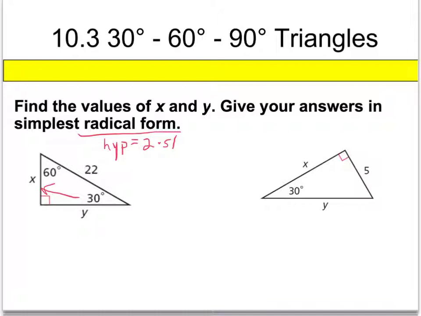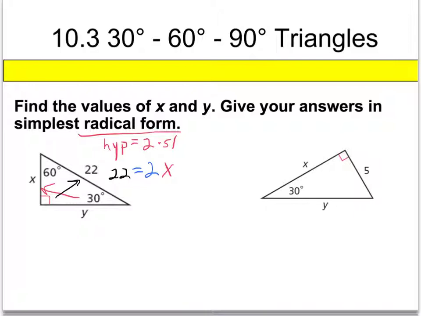We know our hypotenuse is opposite our 90-degree angle, so our hypotenuse is 22. Our short leg is x, and we need to take 2 times x to get to our hypotenuse.